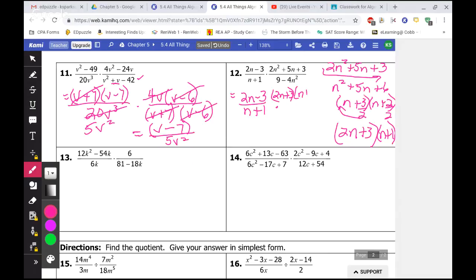I know that Miss Wynn does hers this way. And then this bottom one is a difference of 2 squares.